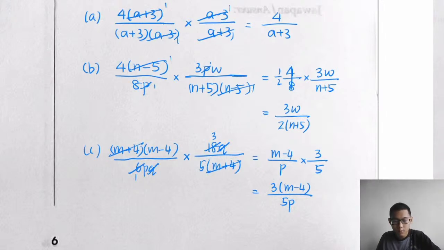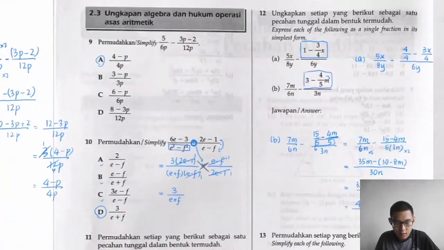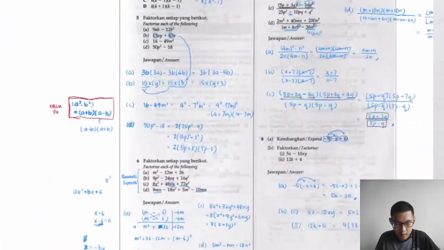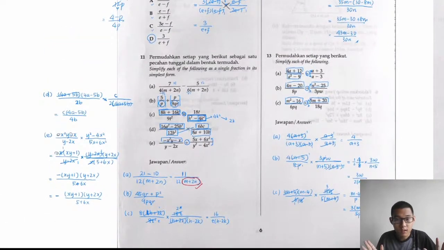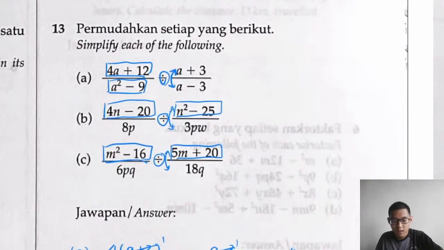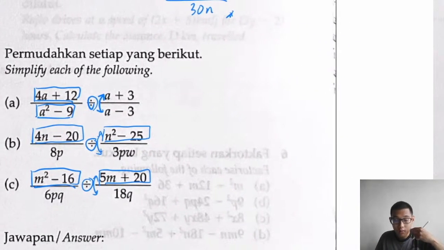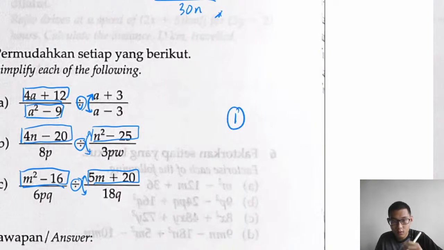Okay, so that's all for today. I hope you can master this and not panic, because although there are many unknowns, many forms, many patterns, as long as we understand, the first thing is we try to search for any expression we can factorize.